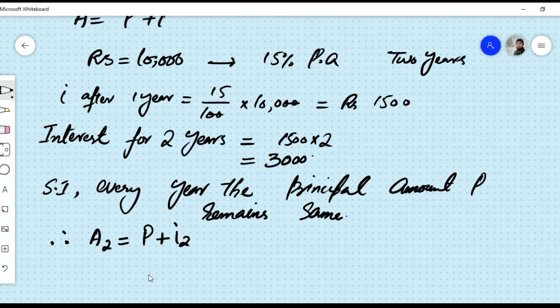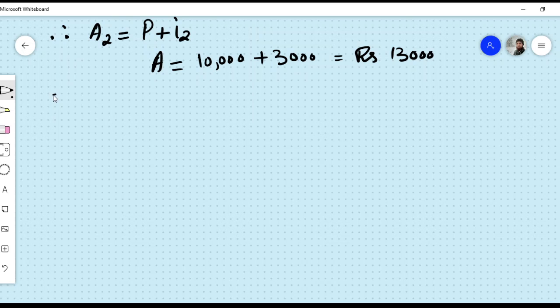So for this example, the accumulated amount after 2 years will be rupees 10,000 plus rupees 3,000, which will be rupees 13,000. So to calculate simple interest, we will use the following formula.